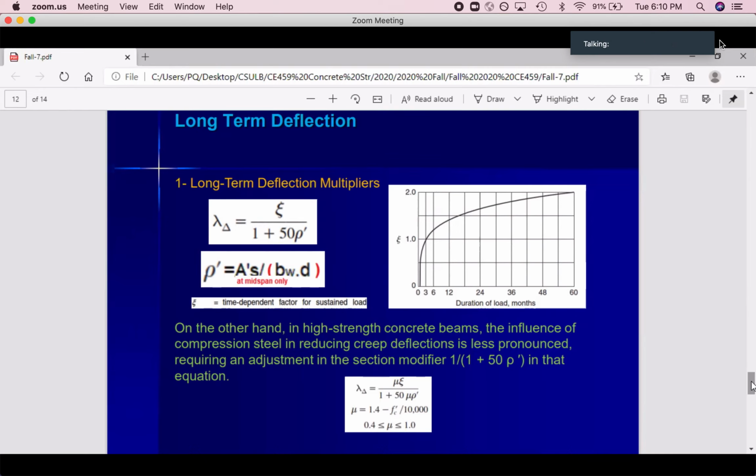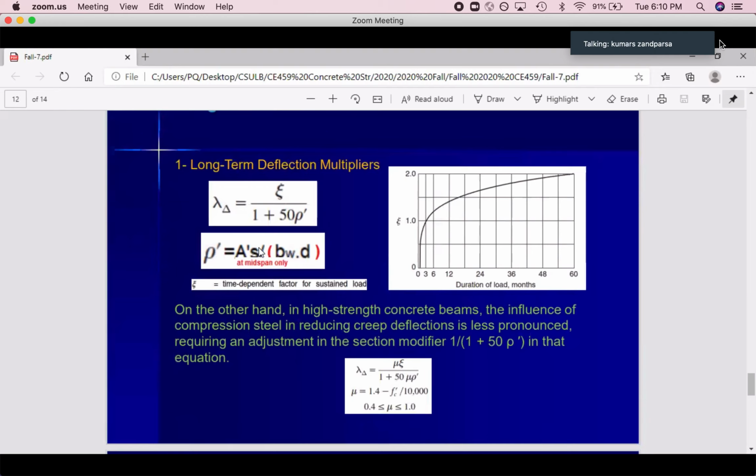So for the long-term deflection, what can we do? We have to calculate the long-term multipliers. That's the equation, always. What's rho prime? That's just at mid span only. Just remember, forget about whether you have negative moment or positive moment.